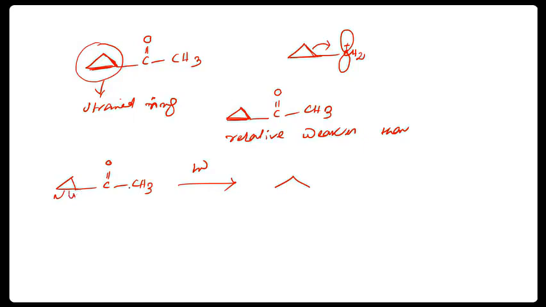So two radicals will be there, with this one C double bond O, CH3. This is a dot and this is a dot. Then what can happen? Two things can happen. We have a hydrogen atom here. This hydrogen atom can migrate to either place.